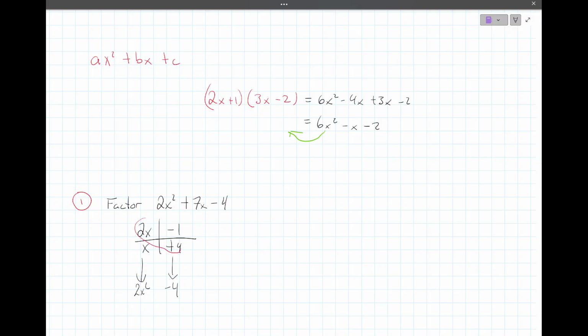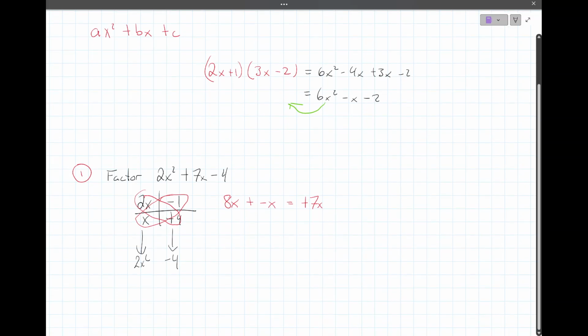When I go on one diagonal and the other diagonal, that becomes 8x plus negative x equals positive 7x. So that gets me what I need. My box method got me 2x minus 1, x plus 4.